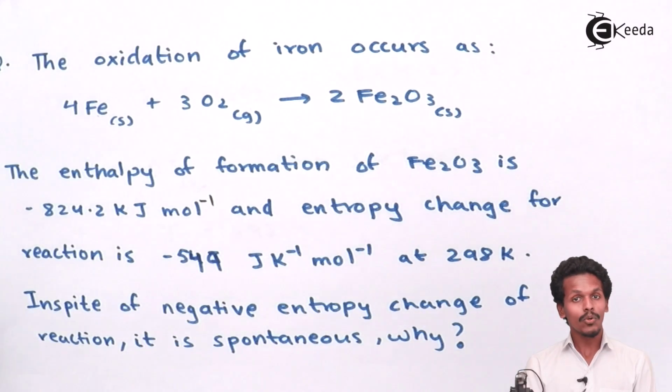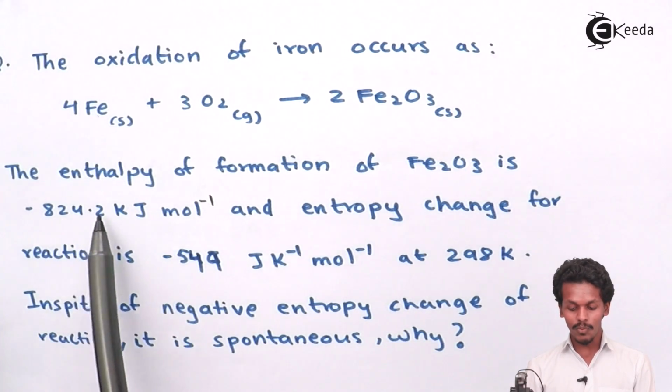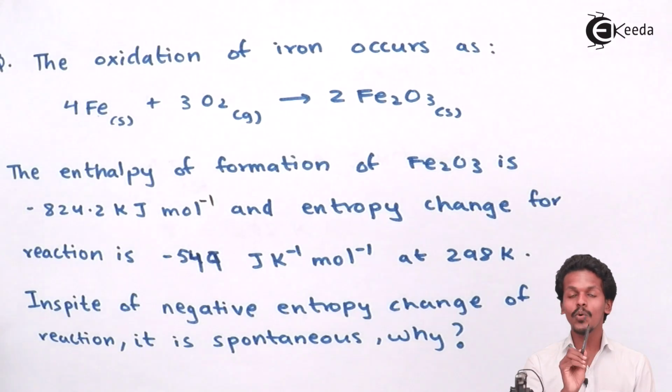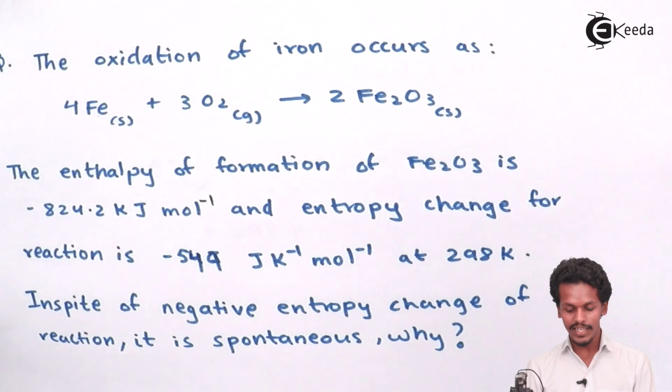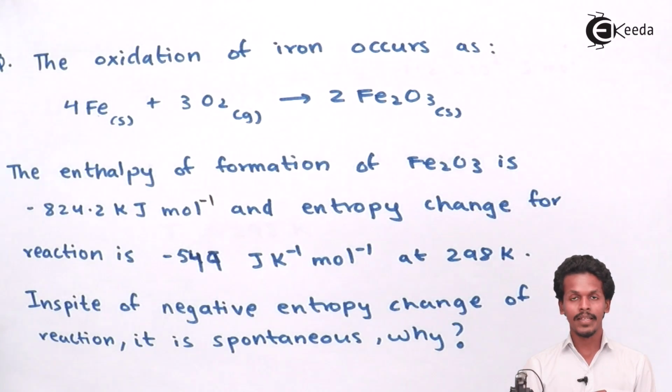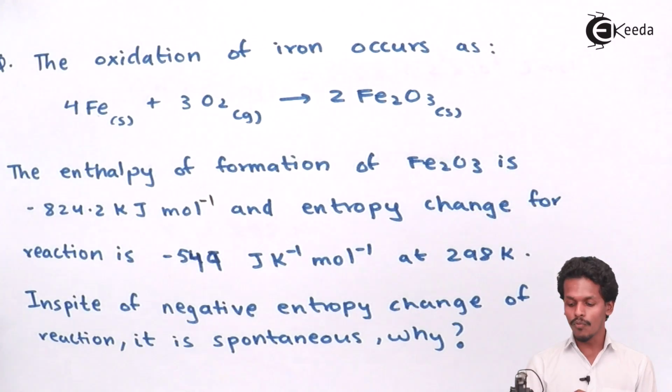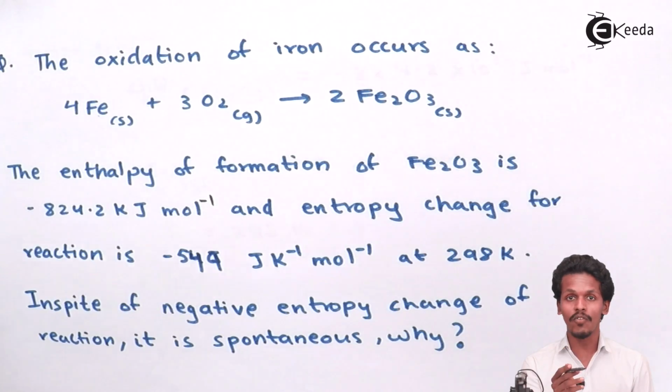So the total enthalpy would be the enthalpy of formation, minus 824.2 kilojoules per mole, multiplied by 2. We have to consider that, because in the system 2 moles are formed, not only 1 mole of Fe2O3.